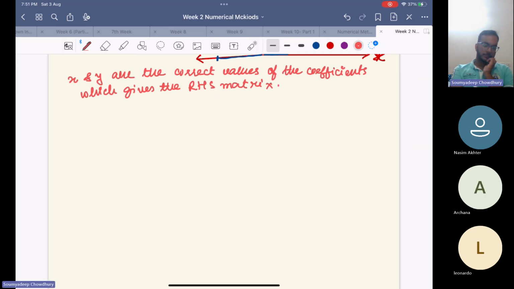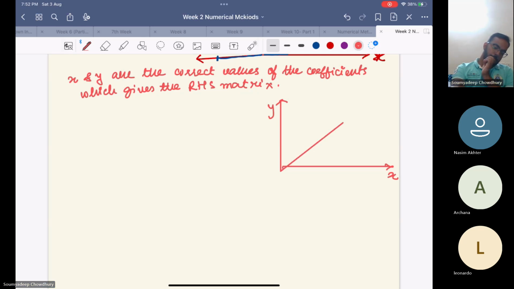So what happens when I multiply a vector with a scalar? Suppose this is x, this is y. Suppose I have a vector here, say (2, 4). If I multiply it with a scalar, say 3, then I will get (6, 12).